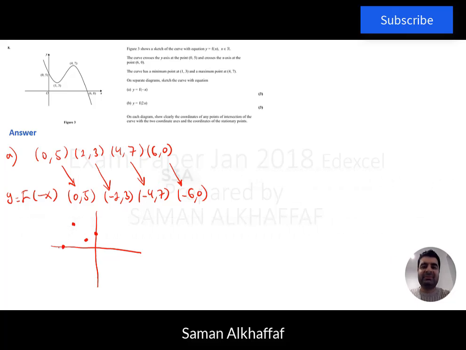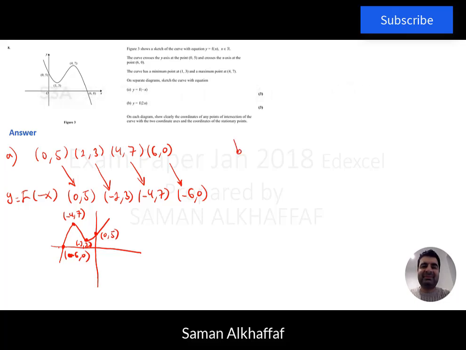So the graph will come in this format, and this is how it would look. So we will have (minus 4, 7), (0, 5), (minus 1, 3) here, and also (minus 6, 0). So this will be our answer for part A.